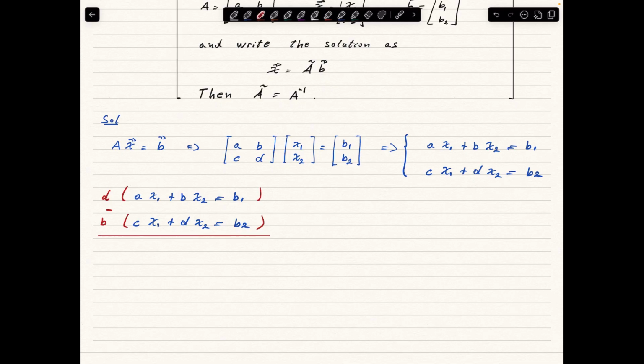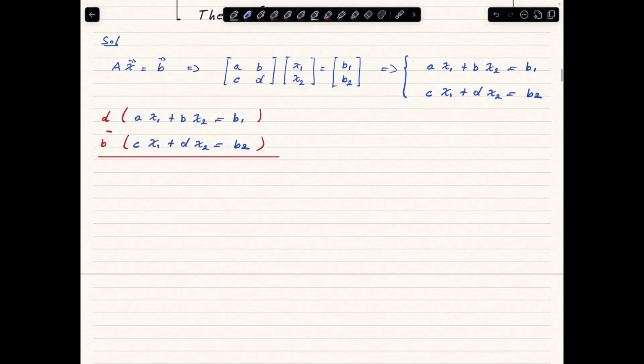That's what we are going to do. Why? Because if we multiply by d the whole equation, in particular this term, and by b this term, you see we are going to get the same terms. If we subtract the two equations, this is going to cancel out and we are going to be able to compute x1. So let's see that in a little bit clearer way.